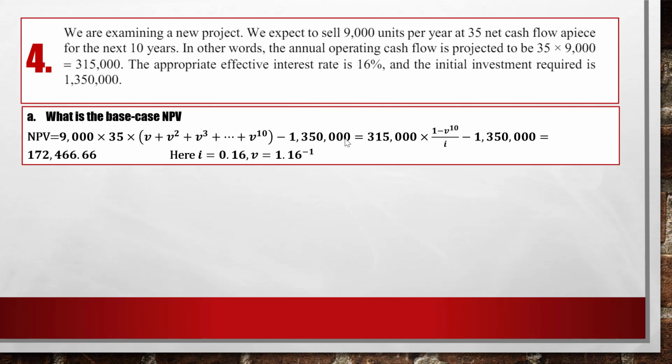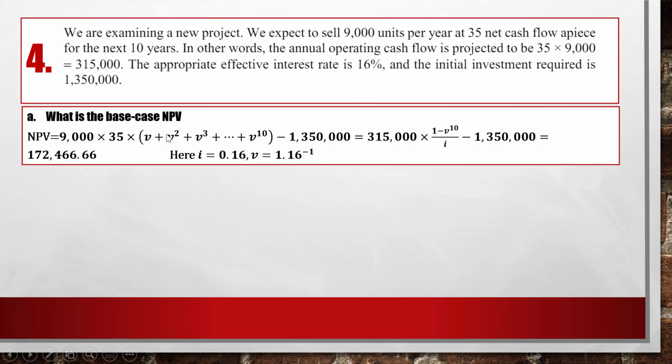So here the present value of 1,350,000 is negative 1,350,000 because that is the amount of money we pay at time 0. And at time 0, we don't have to multiply with V.